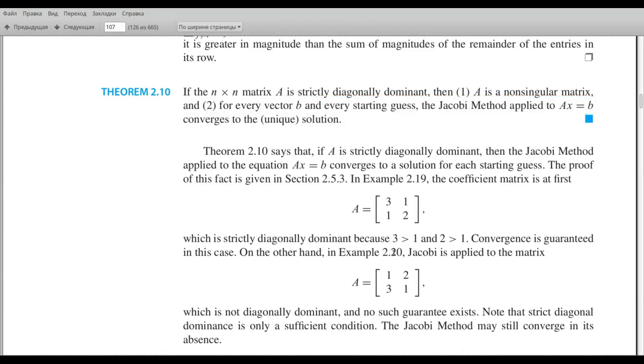So pay attention that when we exchange the equations, we just change the rows in our coefficients matrix, right? And have a look here, this matrix is already not diagonally dominant, because the magnitude of the main diagonal element is not strictly more than the sum of the magnitudes of these elements. So we have larger elements here. Clear or not what I'm talking about?